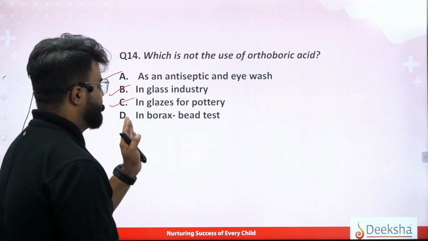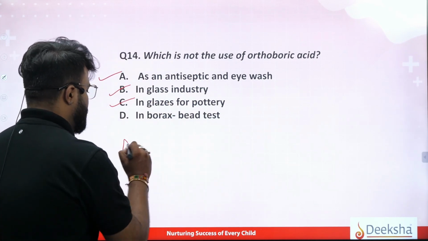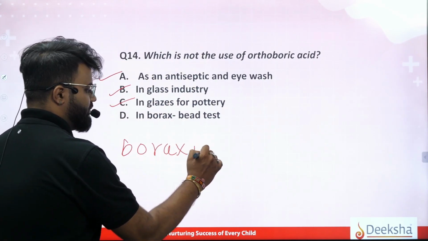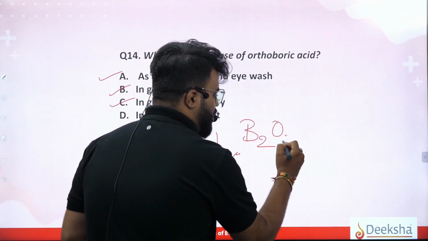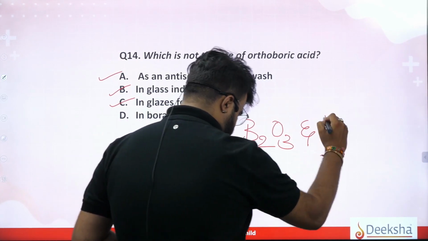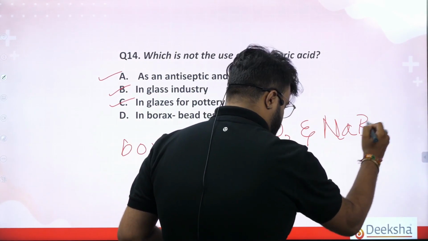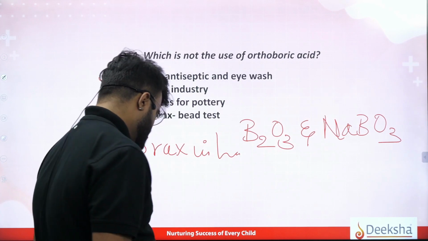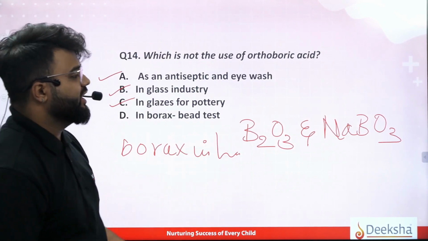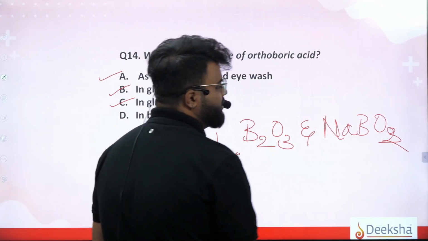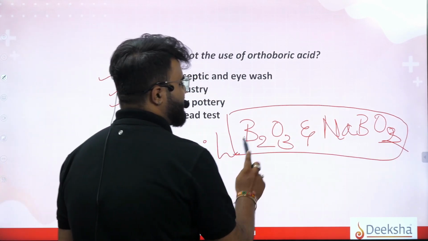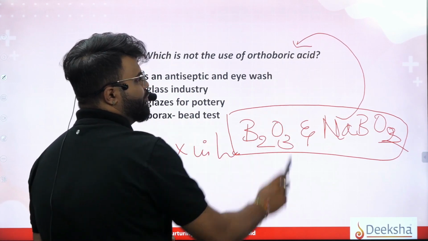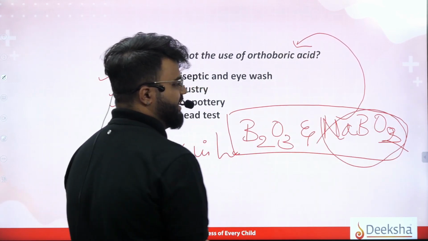When borax is heated, we get boron trioxide and sodium metaborate. After we get these two, we are not getting orthoboric acid, but we are getting sodium metaborate.